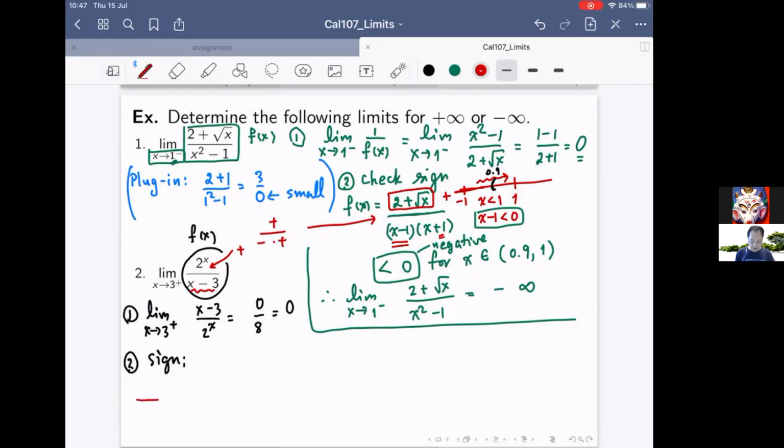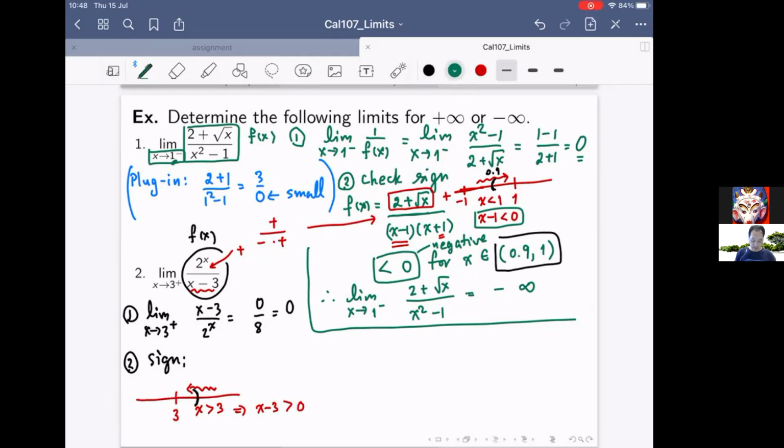But you are going to consider the x value as you go close to 3 on the right. So it means that your x is greater than 3. Roughly speaking, your x minus 3 must be positive, right? However, again, you need to really choose the right area of that 3 in order to get into this kind of interval.